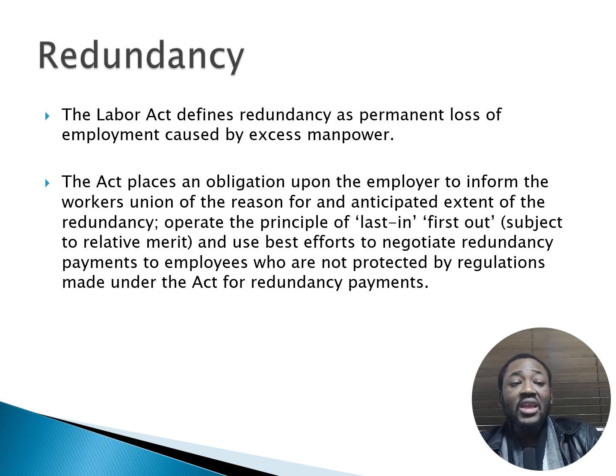This is not something that we think would be a problem for our business, but however, if we think that's the case, the principle of last in, first out, relative merit, and use best effort to negotiate redundancy, and employees who are not protected by regulations made under the Act.